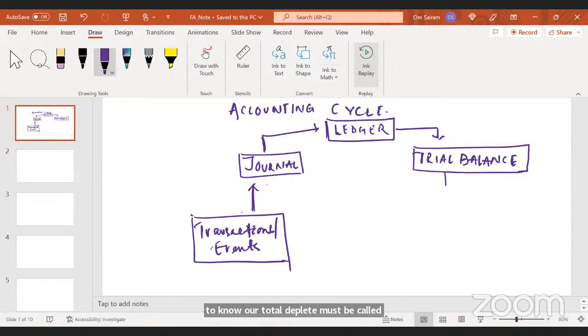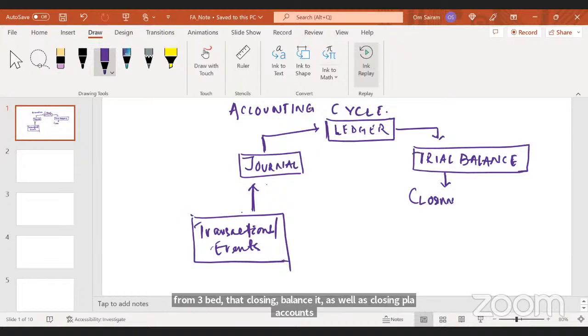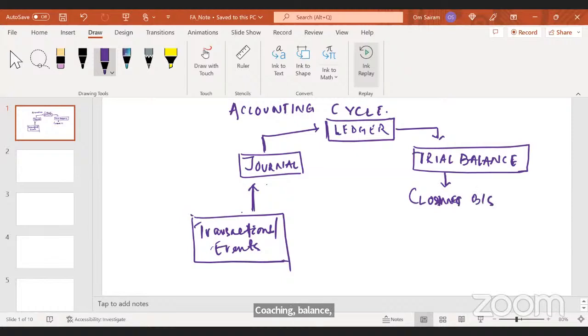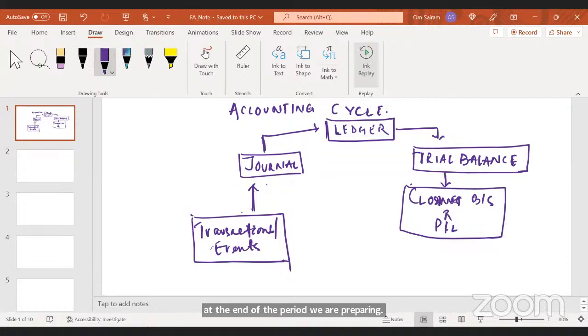After preparation of the trial balance, we have to prepare the closing balance sheet as well as the closing PL account. Why is it known as closing? Because we are preparing it at the end of the period, let's say financial year ending.